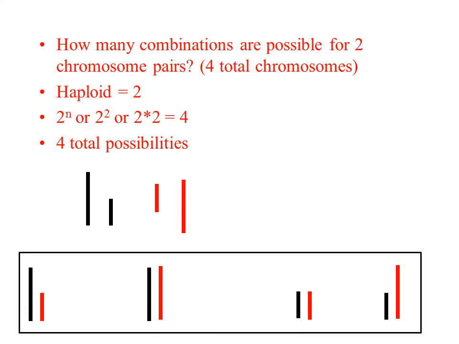That's another variation. Then you go from little black to little red. That's a variation. And then little black to big red. Each one of those is a possibility that will be achieved when you produce a gamete. So either one of these gametes can create the next offspring.